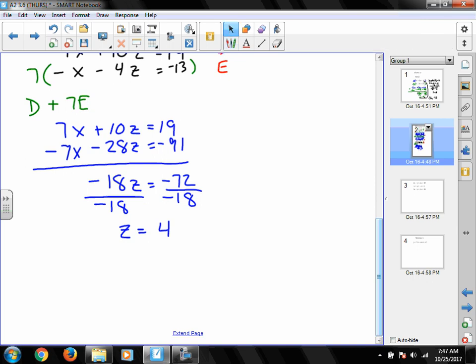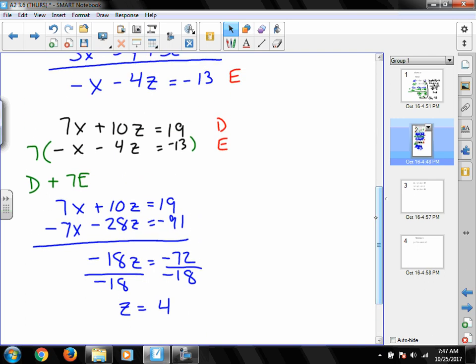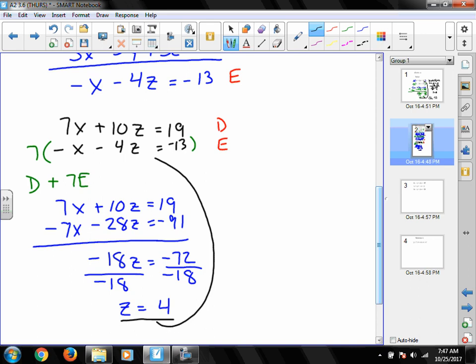Now, just like before, I've got my z now. So I'm going to go up to either equation D or equation E, and now I can get my x. This is what's called back substitution. So I'm going to take my z and plug that back in. I'm going to plug it into E just because I've got x almost by itself.